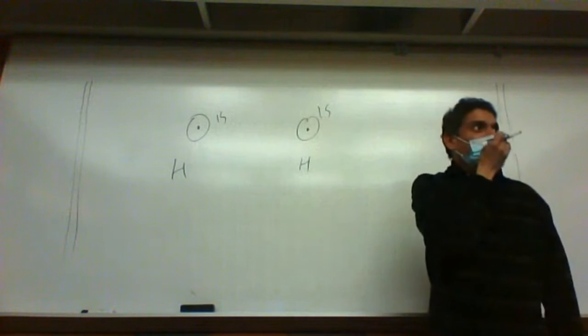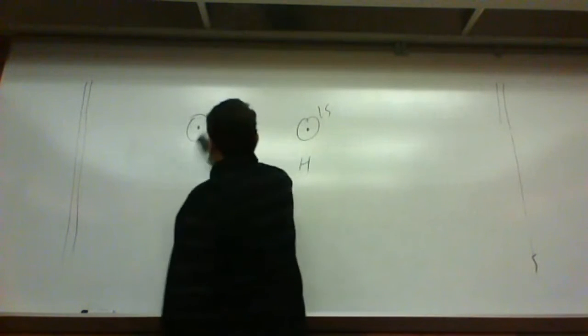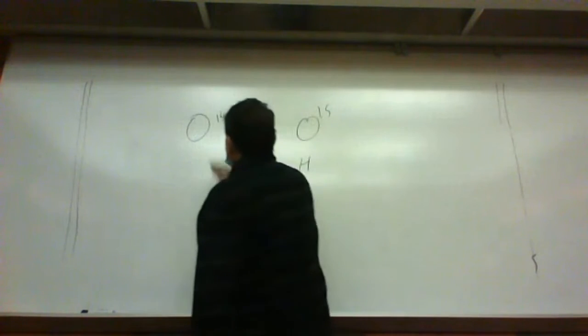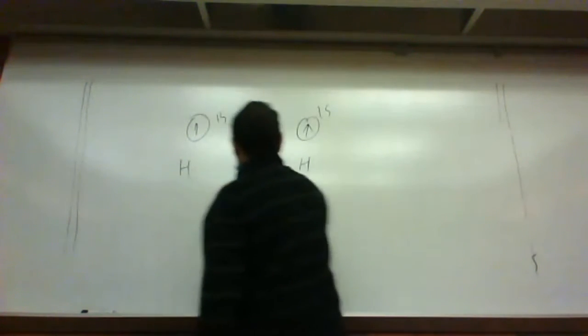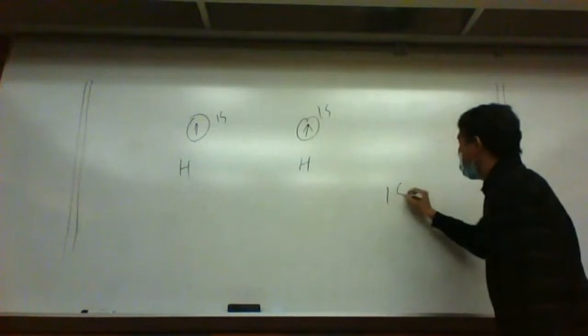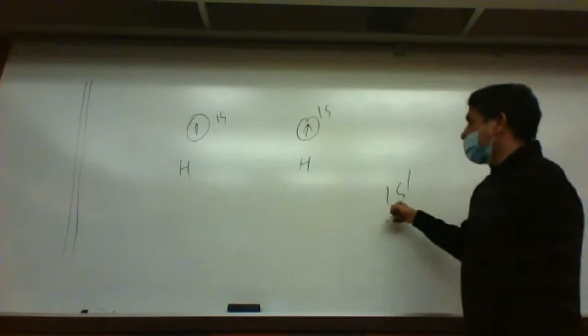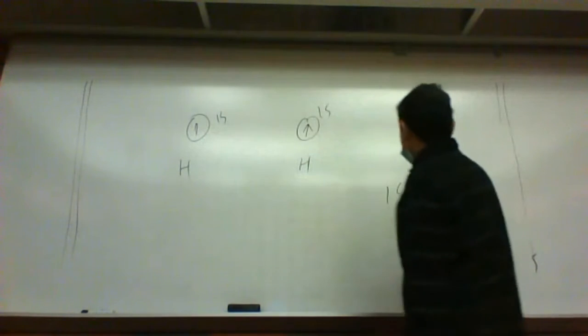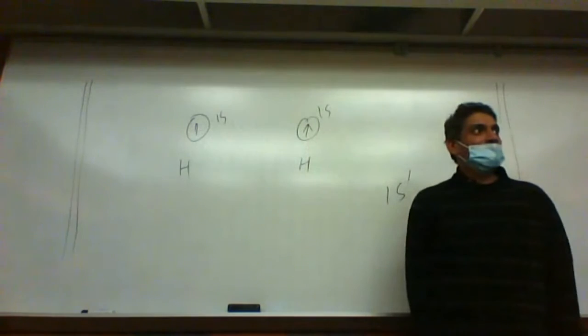How many electrons does the 1s orbital have? One electron. So the 1s orbital in hydrogen has one electron. The electronic configuration of hydrogen is 1s1. S means spherical, and the 1 means 1 electron.